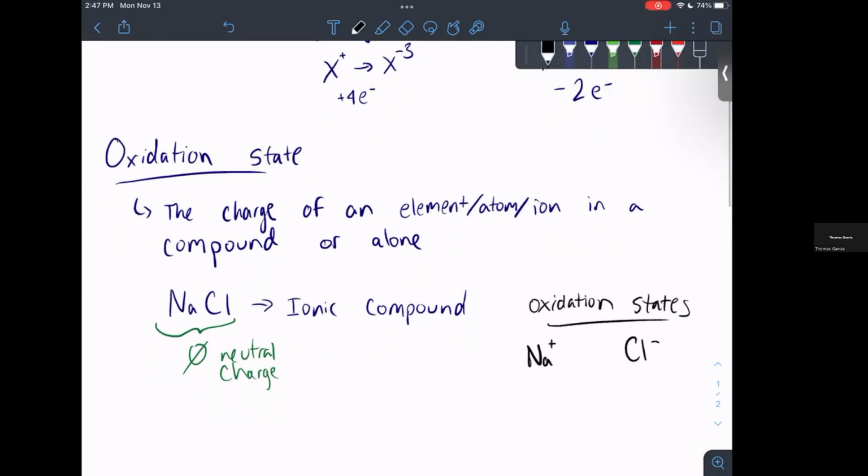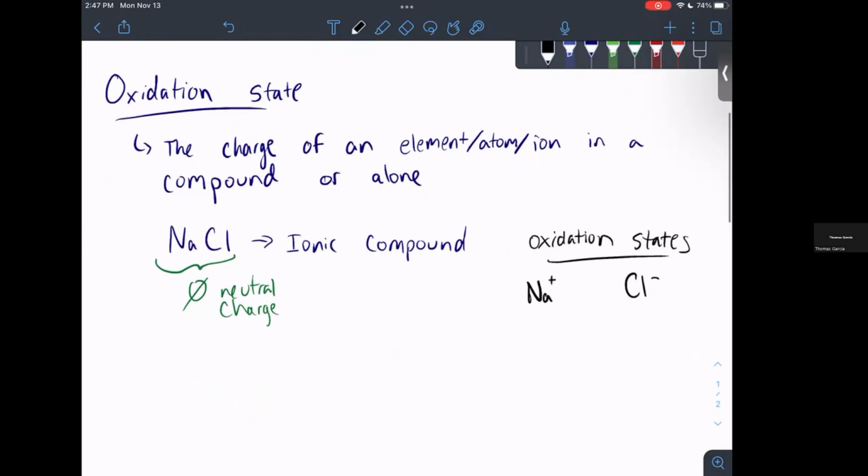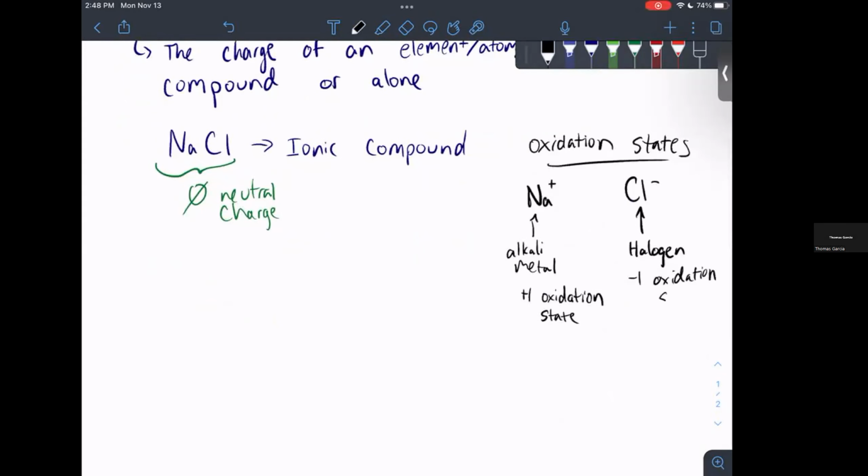And we just know this inherently in an ionic compound like sodium chloride. Sodium is an alkali metal, and alkali metals always have a +1 oxidation state. Meanwhile, chlorine is a halogen, and halogens usually have a -1 oxidation state.